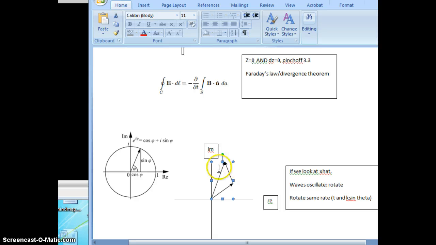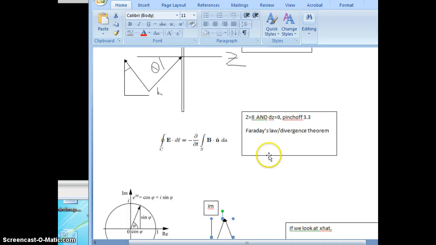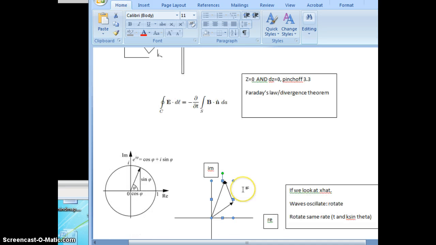The magnitude of the vectors is not going to change at a given z position. So regardless of where y is, and no matter where time is, the magnitude of the vectors is not going to change.